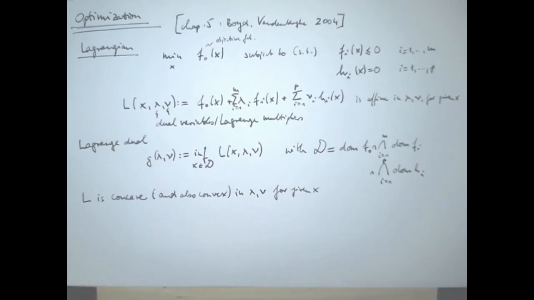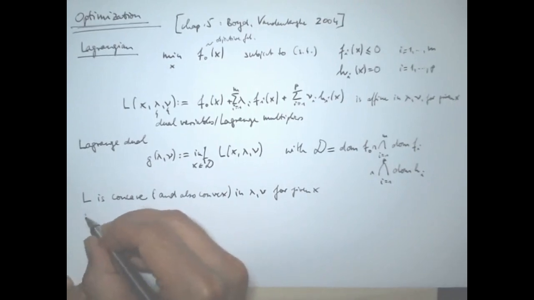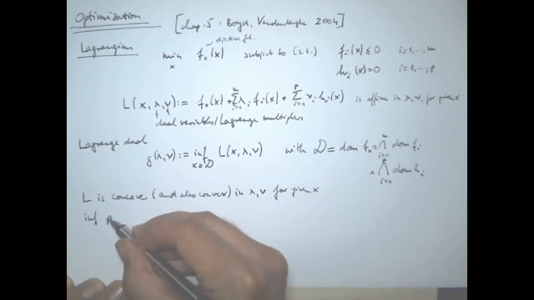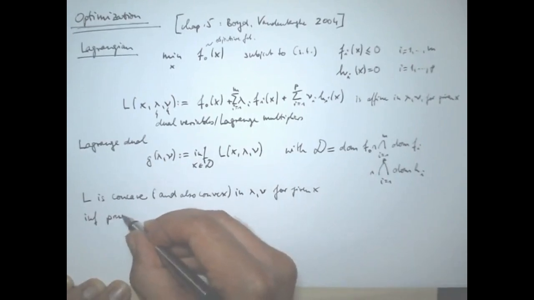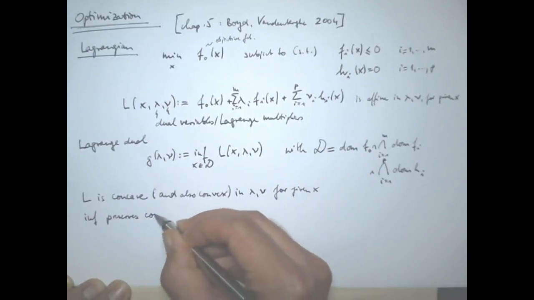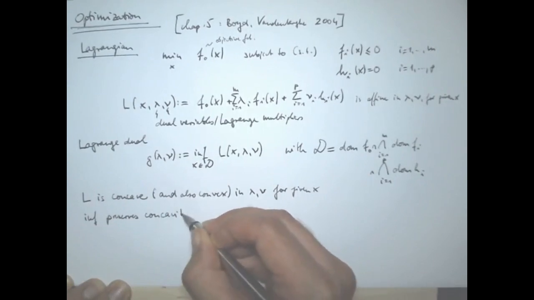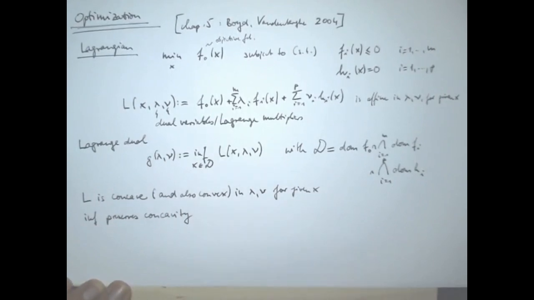And to go to the dual, we now have this infimum operation. If we have the infimum of a sum of several terms, the infimum preserves the concavity.